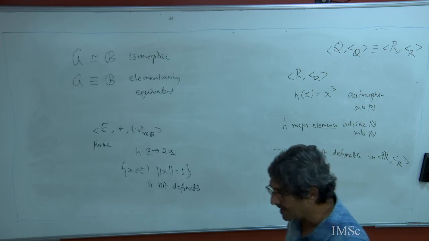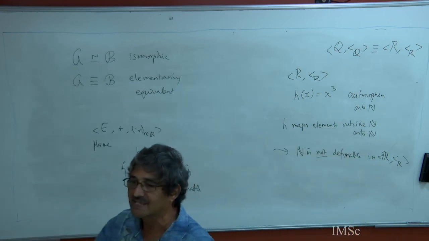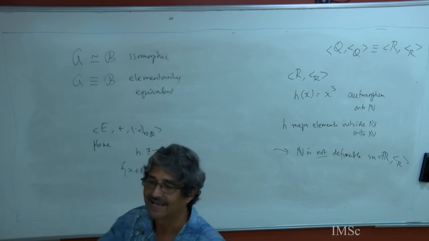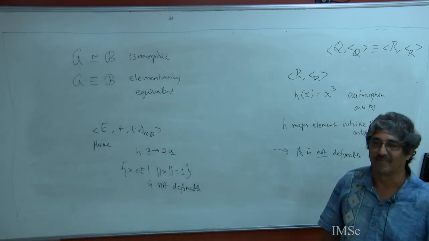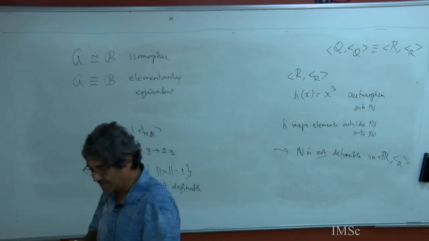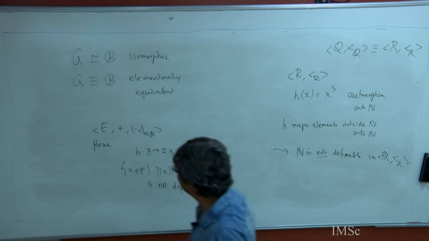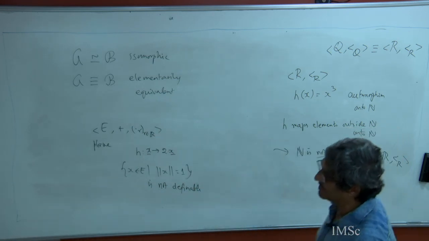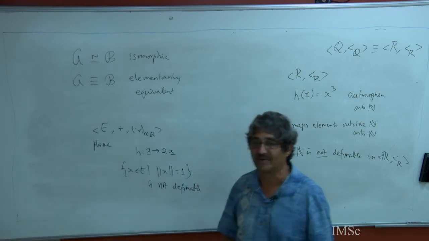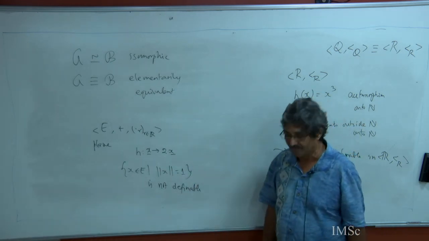In general, how do you show that a particular relation is not definable? Come up with an automorphism such that this particular property is not preserved. Yeah, this is the recipe.